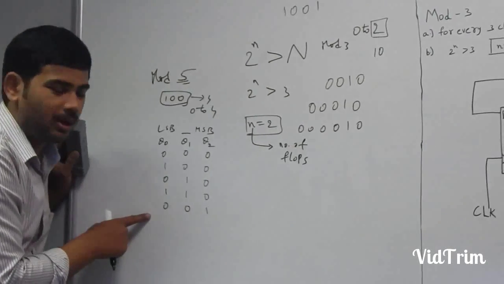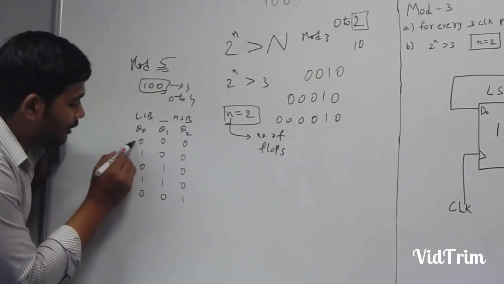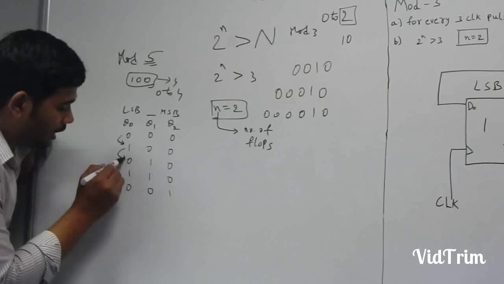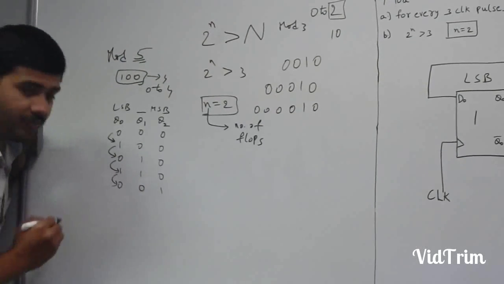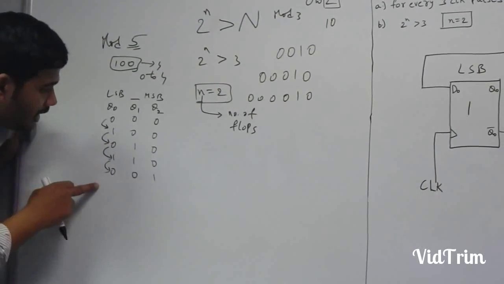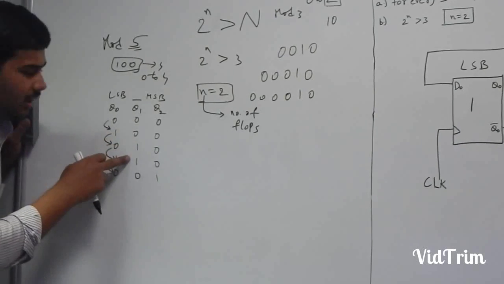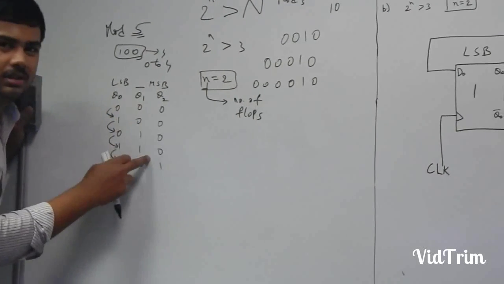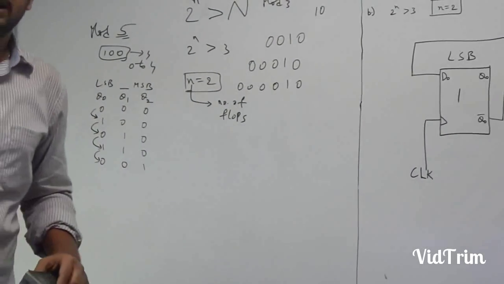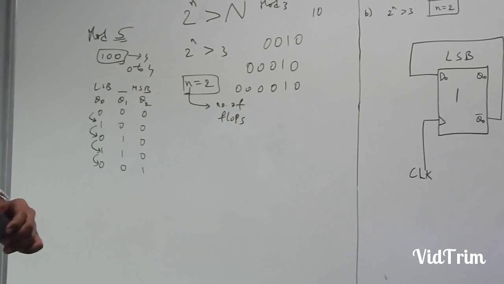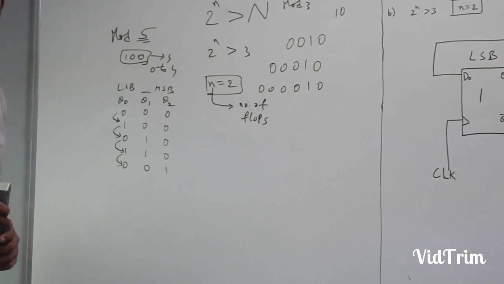And here also you can clearly observe that my first LSB is toggling continuously. And based on this toggling, this is changing, and based on this it is changing. So as a designer, the way of approach should be very particular.